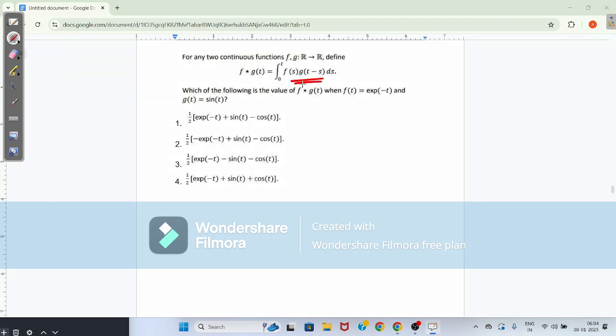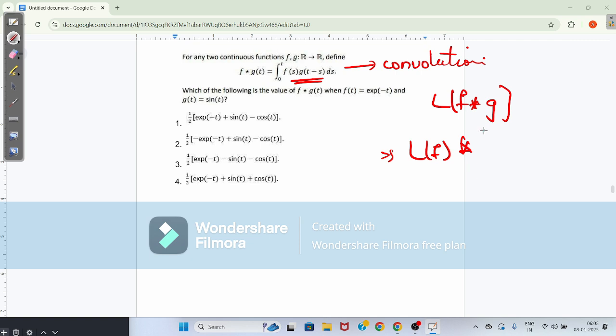This is the question which has been given. This is the convolution method. Now find the Laplace transform of f star g, which gives L of f times L of g. So L of f gives 1 by s plus 1, because it is given exponential of minus t, and L of g is the sine.